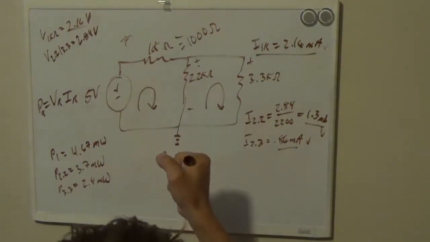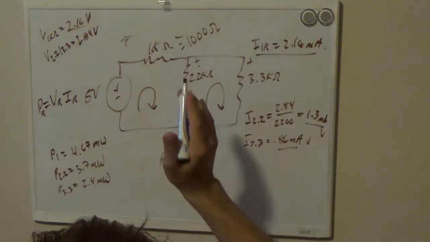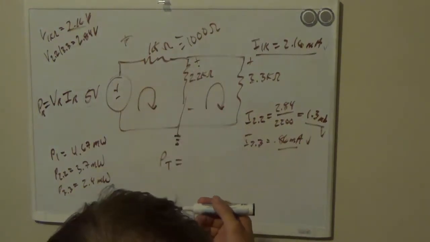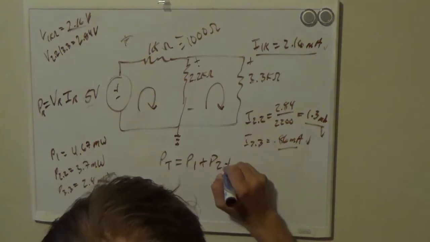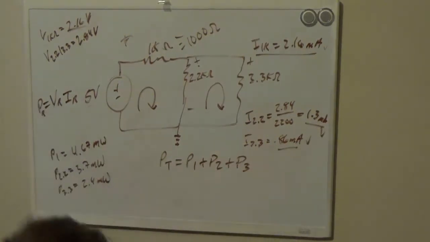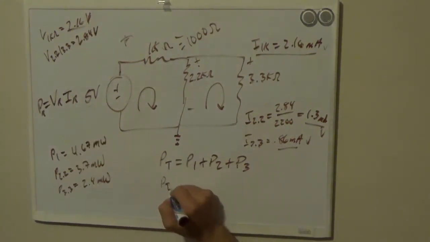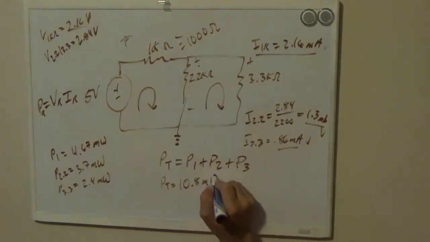They're sinking heat technically, but they're the only three elements that are absorbing current. And since they're the only three, if we add all of them together, that is going to be the total power. So if we add all of these values together, we get the total power to be equal to 10.8 milliwatts.